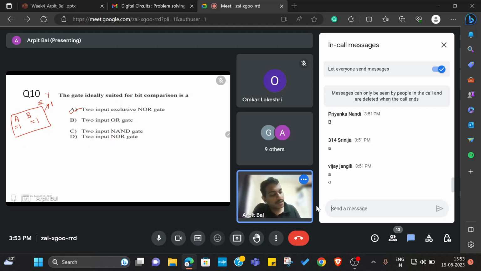Okay, let us assume that A is 0, B is 1. So these are different, right? But still the output of OR gate will be 1. So OR gate is unable to distinguish whether the inputs that are given to it are the same or whether they are different.